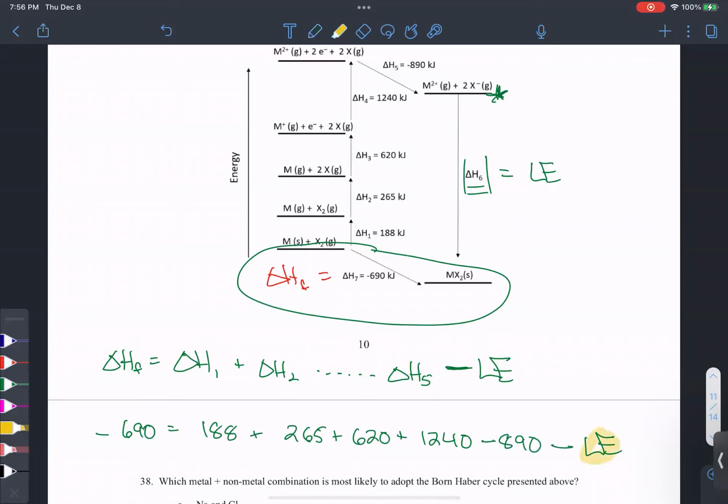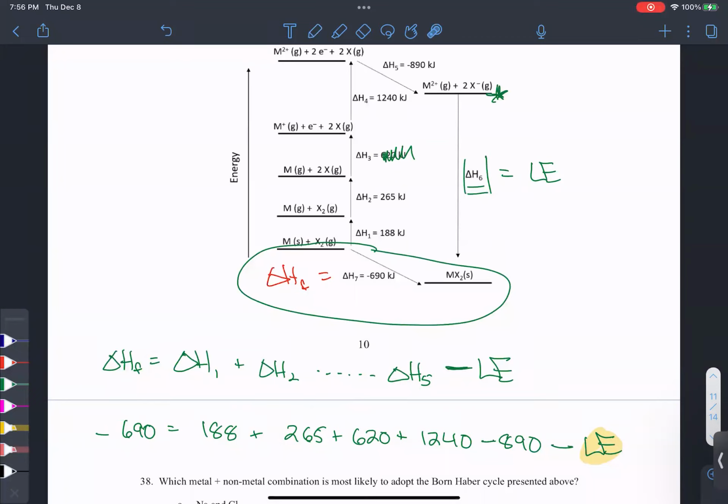And then all you have to do is solve for that. That's it. And so just imagine if you were given a different step. If I told you the lattice energy is like 2000 kilojoules or something, and I said, okay, calculate delta H3, the third step. You could do that too, right? You just put together the same equation, you just have a different variable.